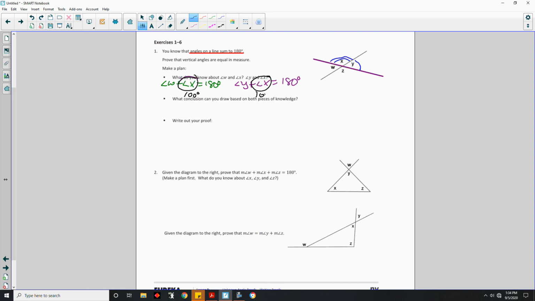If angle X was 100 degrees and I subtracted 100 from both sides, then angle Y would be 80 and angle W would be 80 because 80 plus 100 is 180. So we can say the measure of angle W equals the measure of angle Y. So now I can say W is equal to Y, so that's why they only have one mark and X has two. Now write out your proof.